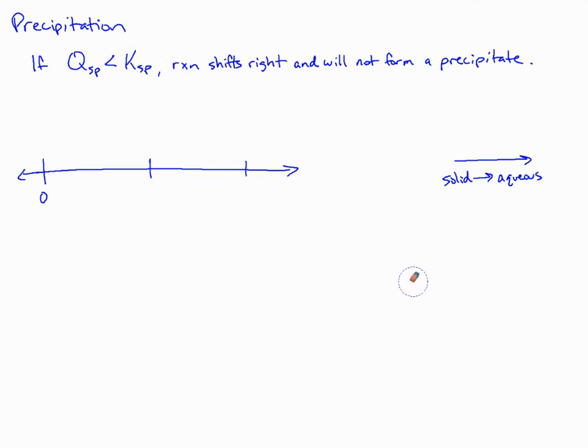So let's take these numbers out, and I'm just going to generically go bigger, smaller. So if QSP is less than KSP, let's say that QSP is here and KSP is here. Here we see that here's 0, here's Q, here's K. Q is clearly less than K. The reaction will shift right.